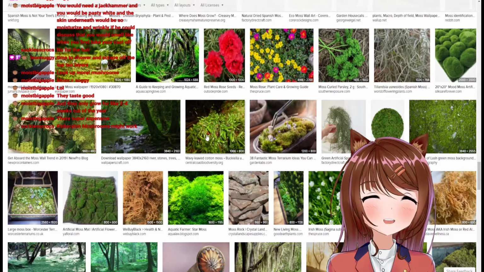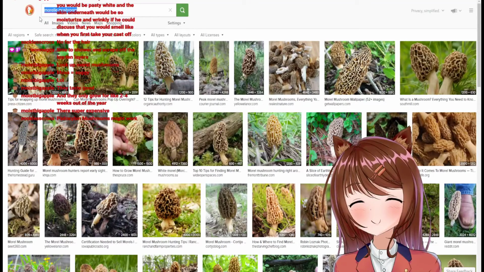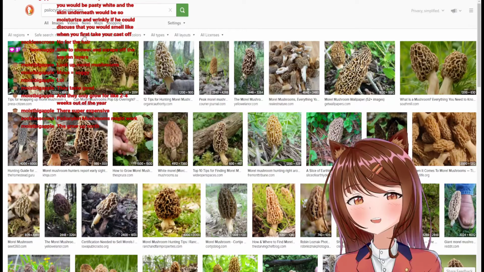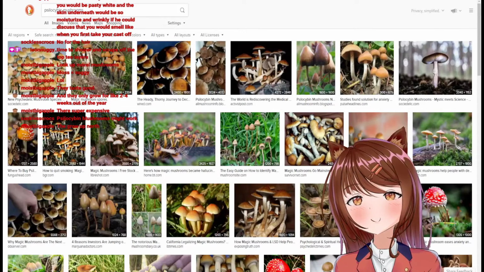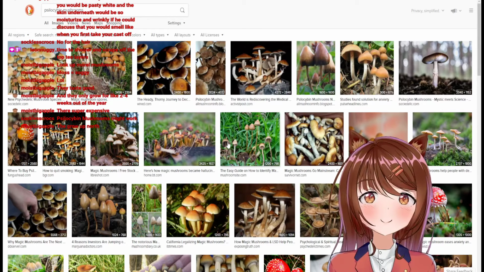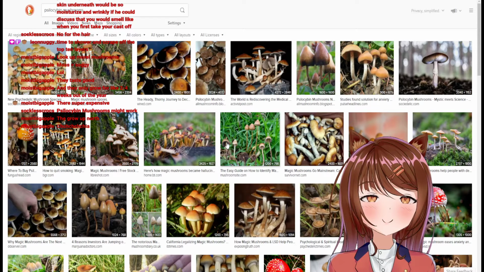What is that? Psilocybin mushrooms? Psilocybin mushrooms. What are these? Magic mushroom spores? Psychedelic mushrooms. These are some trippy heckin' mushrooms. Chia.